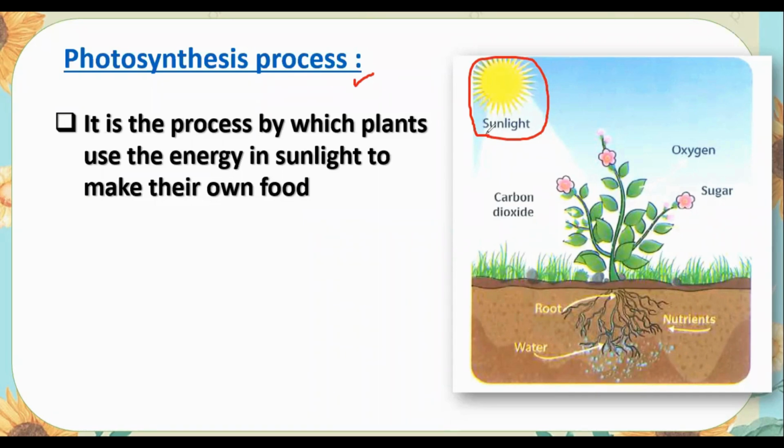So photosynthesis is the process by which plants use the energy in sunlight to make their own food. So plants can make their own food without needing any other living organism, as we learned last year. For that part, we will talk about what the photosynthesis process is.